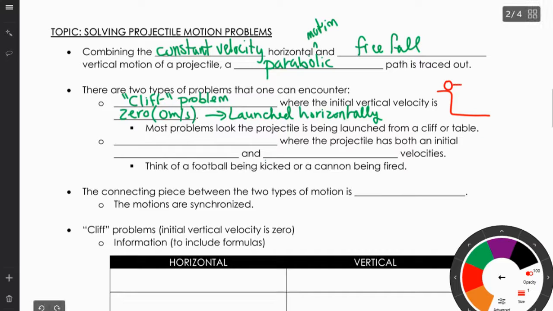And so what happens is you start out with only an initial x, and then you're going to end up traveling down to a certain range.